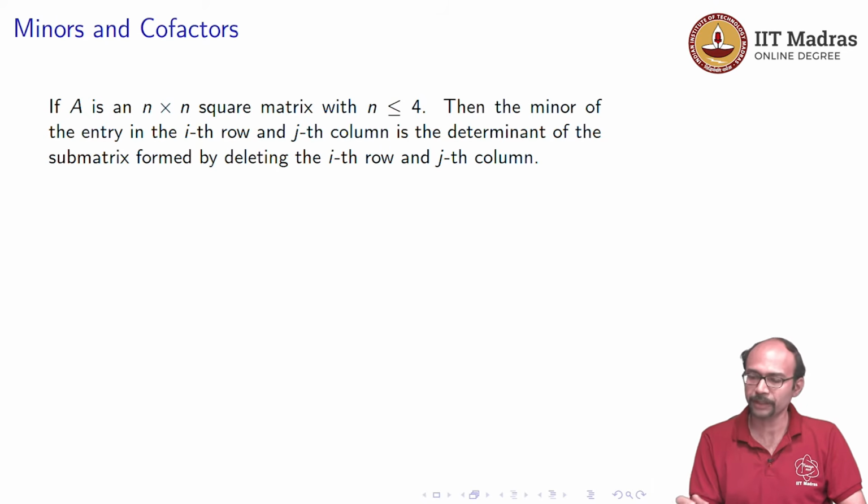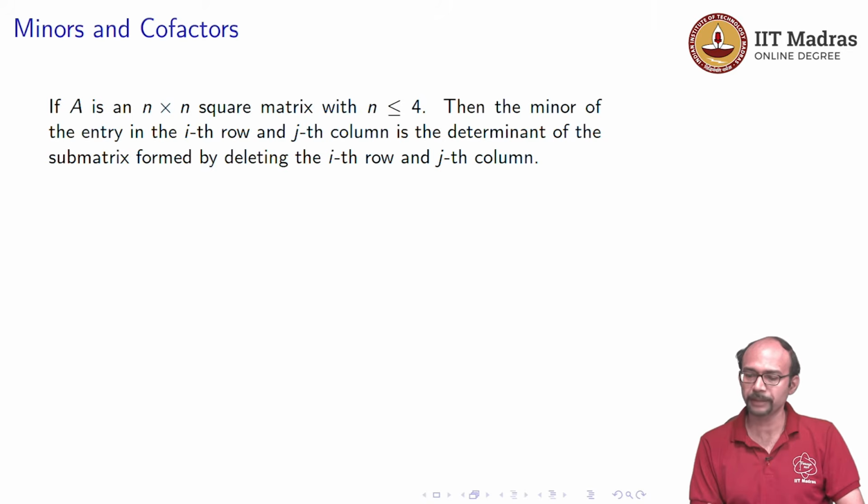Okay. So, now we are talking about just that operation. You look at the ith row and the jth column and you delete those, and then you get a matrix of size n minus 1 by n minus 1, and then you look at its determinant. Okay. Now this makes sense because we have defined determinants for 1 by 1, 2 by 2 and 3 by 3 matrices.